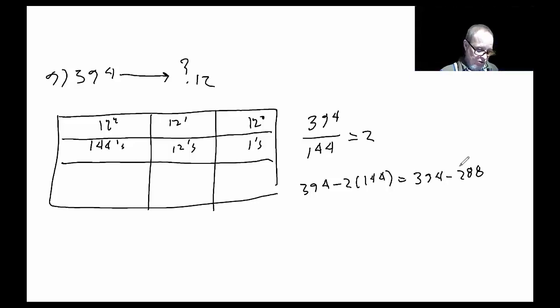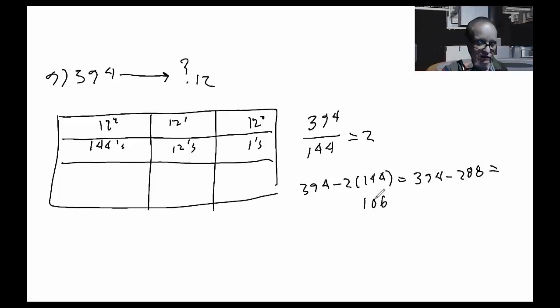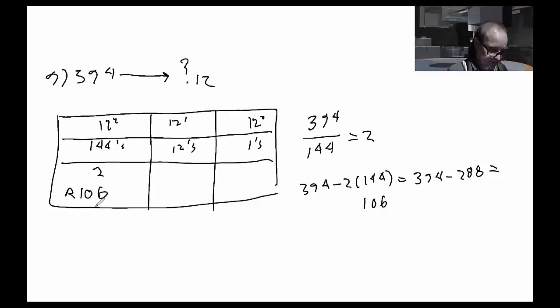And that means we get a remainder of 106. So we can write here now 2 with a remainder of 106.